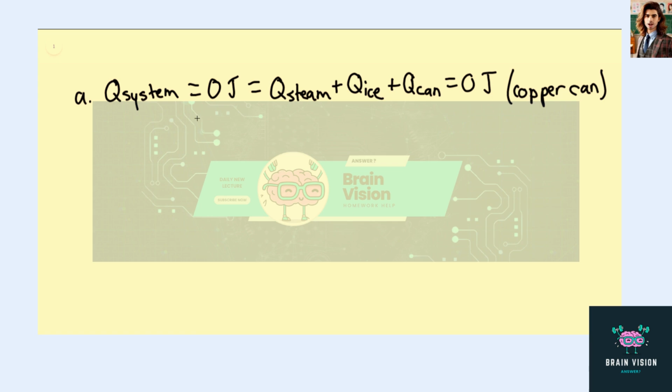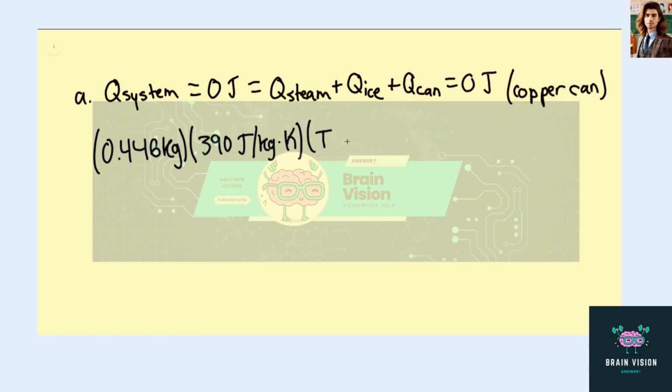So we can say 0.446 kilograms times 390 joules per kilogram per degree Kelvin times T. This would essentially be the heat from the can, because the initial temperature of the can is 0 degrees Celsius. So T minus 0 degrees Celsius is of course just T.